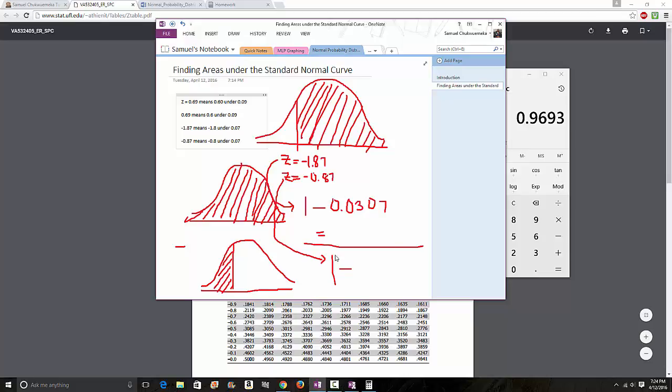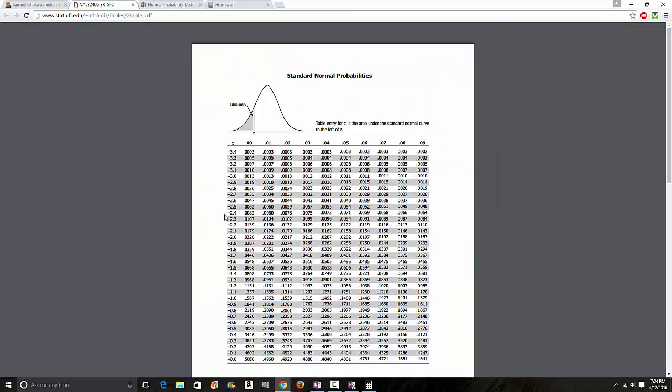Let's now get this. So this is negative 0.8, then 0, 1, 2, 3, 4, 5, 6, 7.